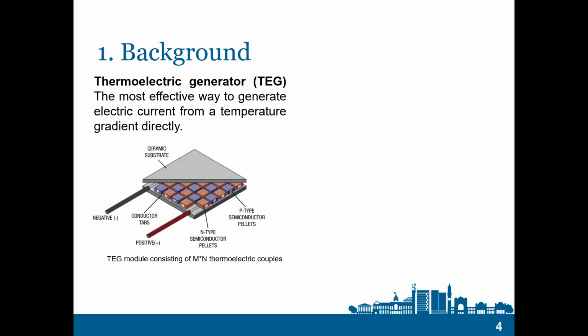For power generation, the thermoelectric generator is an effective way to generate electric current directly from a temperature gradient. This figure shows one TEG module, which is the basic element in the thermoelectric generator. In previous studies, most researchers focused on waste heat recovery by the thermoelectric generator, and the thermal efficiency could only reach 5%.